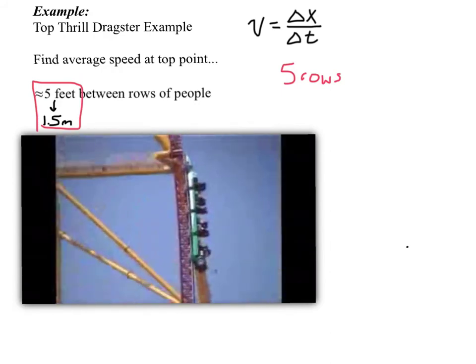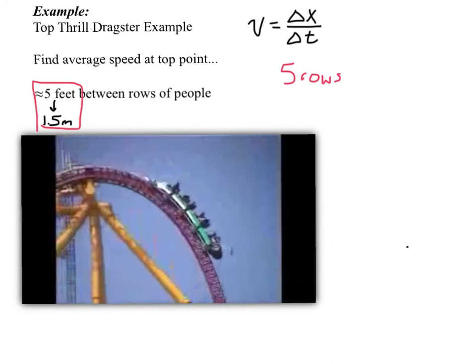Okay, you can see it's going to go really quickly. We're going to start when the first row crosses this bar. There's actually a bar right here at the top, and when the last row goes by that bar, we're going to have you stop your stopwatch. Okay, ready?